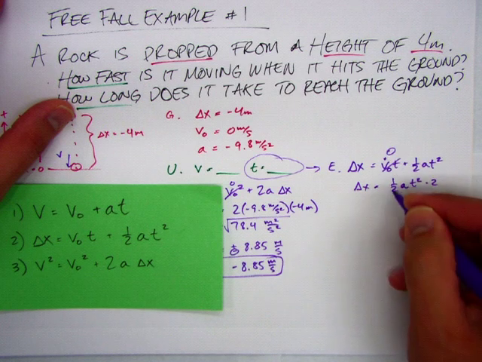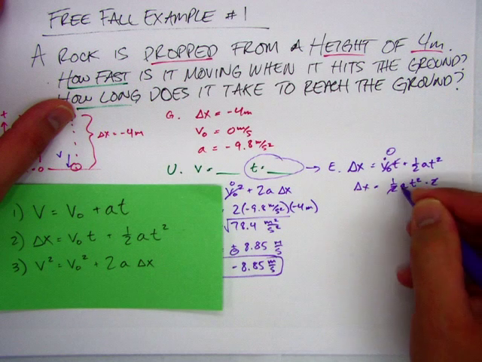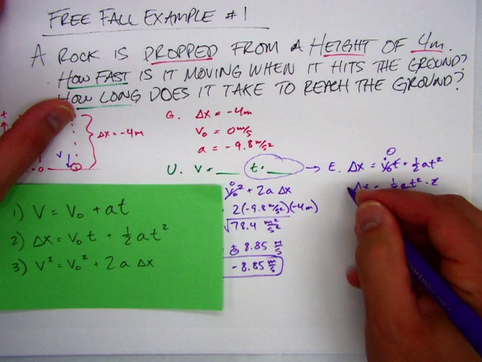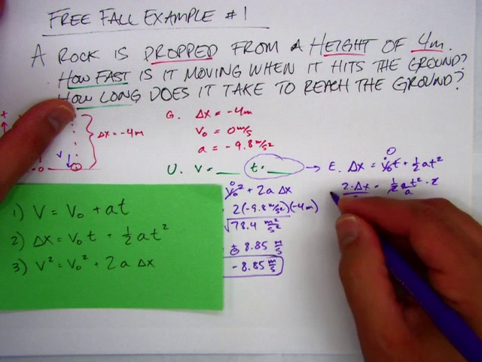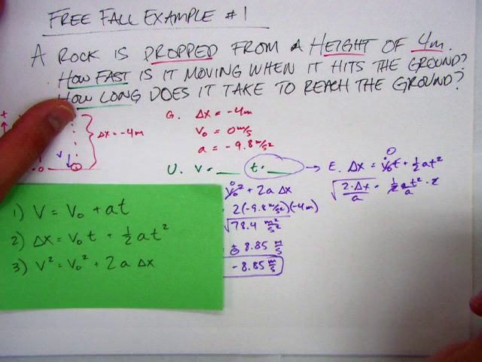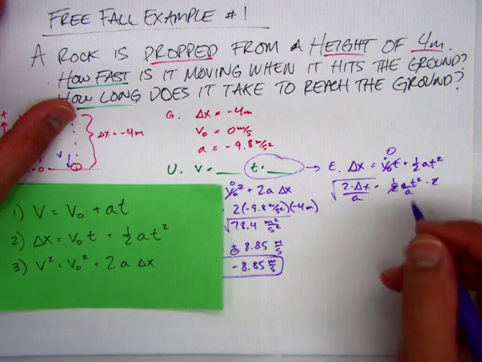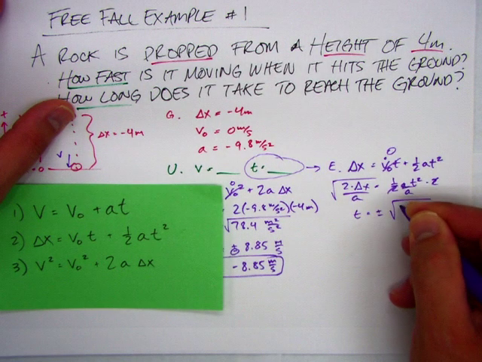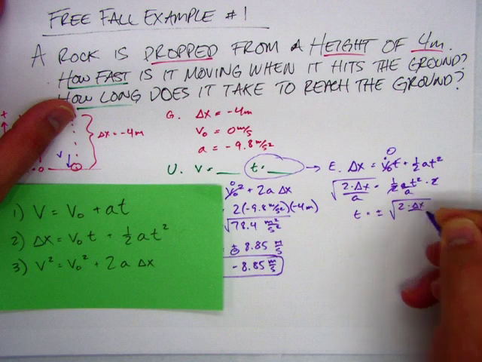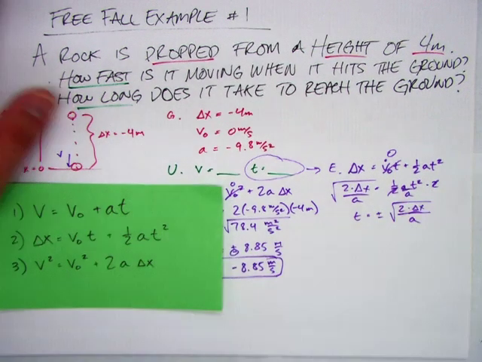Multiply both sides by 2. Divide by a. So I get 2 delta x over a equals t squared. Then I'm going to square root that. So t equals plus or minus the square root of 2 delta x over a.